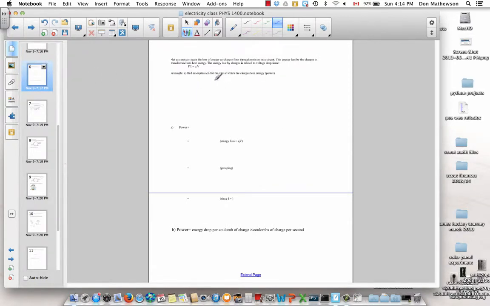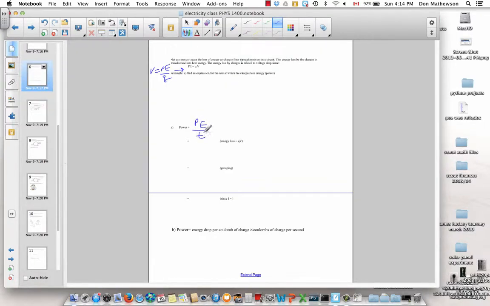Now, energy interests us. So the energy in a circuit, well, we said voltage was energy per charge, so that means energy will be charge times voltage. If we rearrange our voltage definition, we get energy as charge times voltage. Now, of course, power is energy over time.